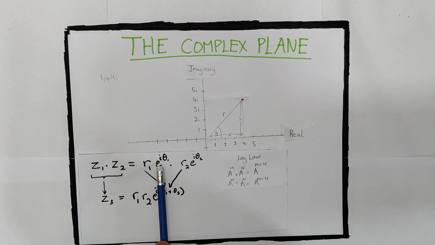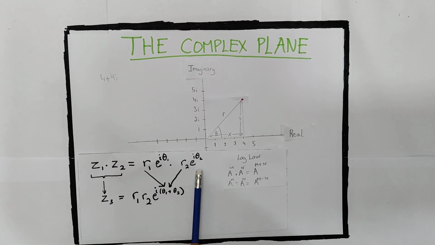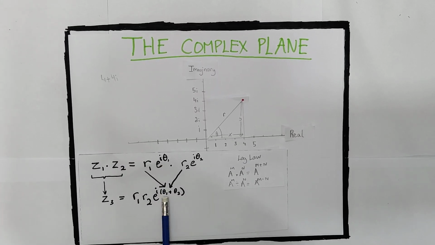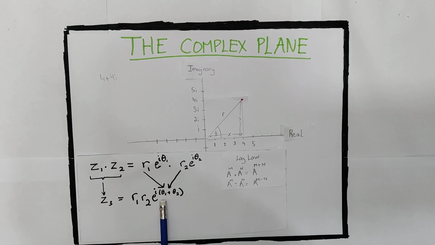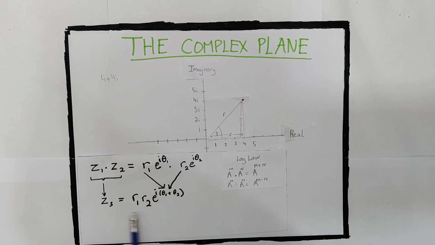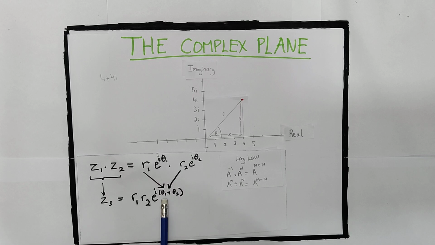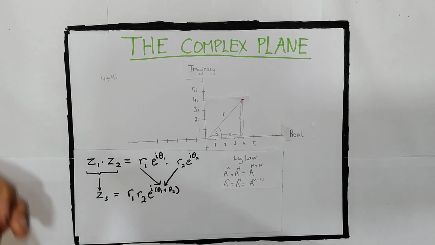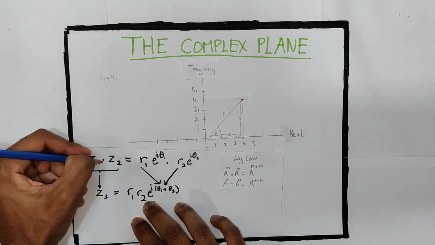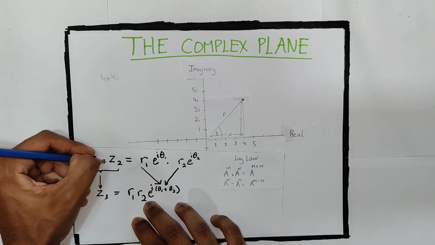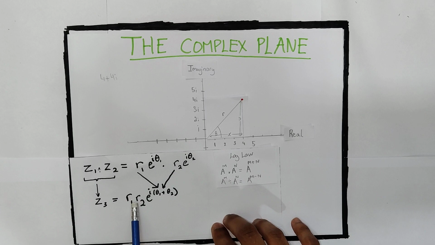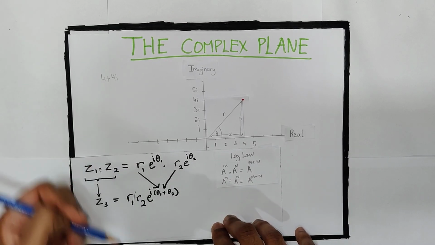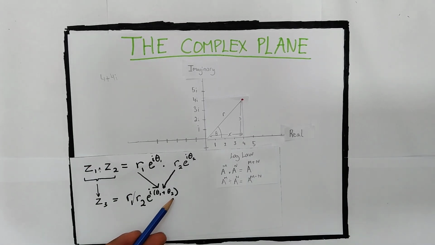Thus, when you multiply e to the i theta 1 by e to the i theta 2, you combine the two angles and the final product will have an angle of the addition. If you were dividing z1 by z2, instead this would be r1 divided by r2, and this would be theta 1 minus theta 2.